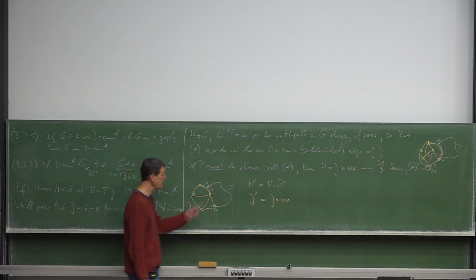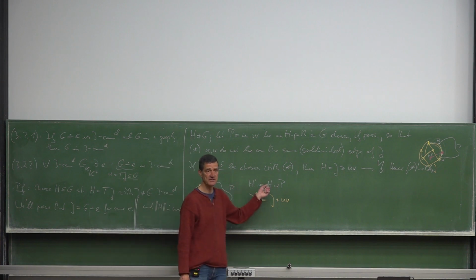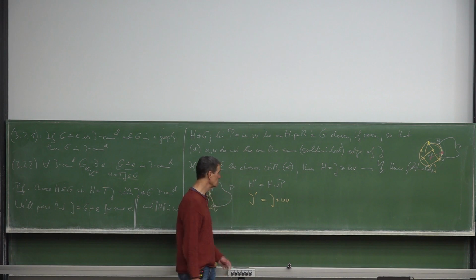Okay, but this H prime has more edges than H, and J prime is still 3 connected. So do we have a contradiction? We can't have a contradiction because then mathematics is not consistent. Something must be wrong. What is wrong?